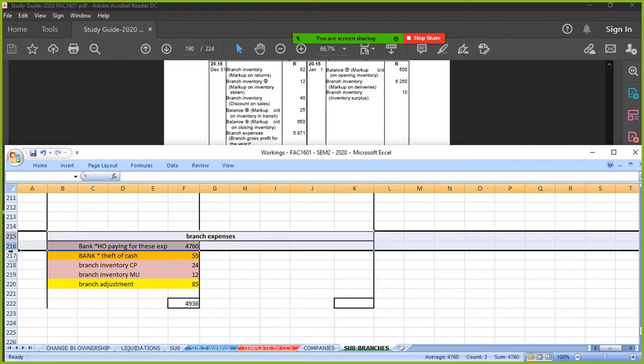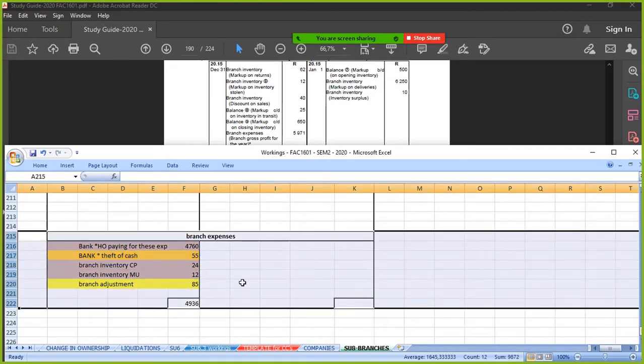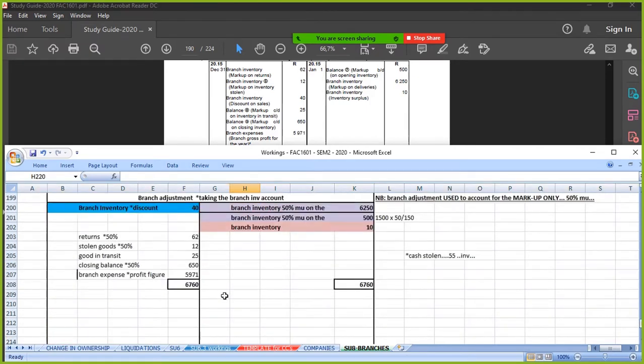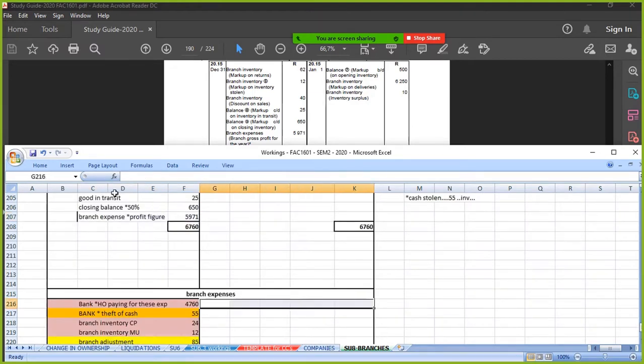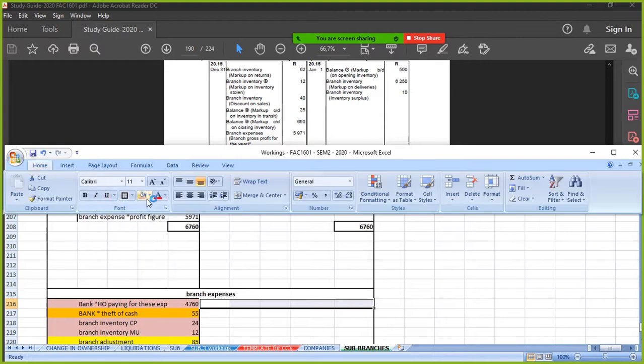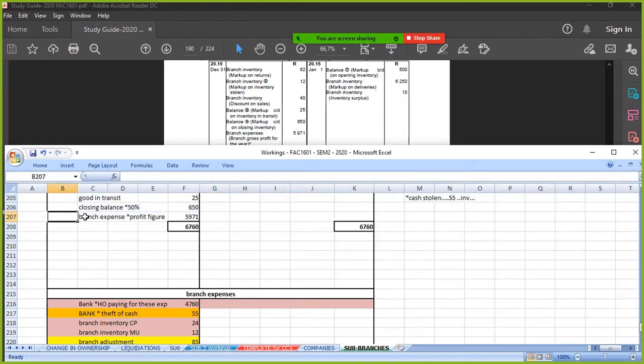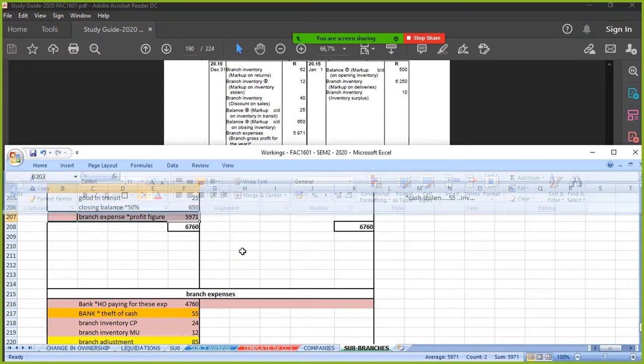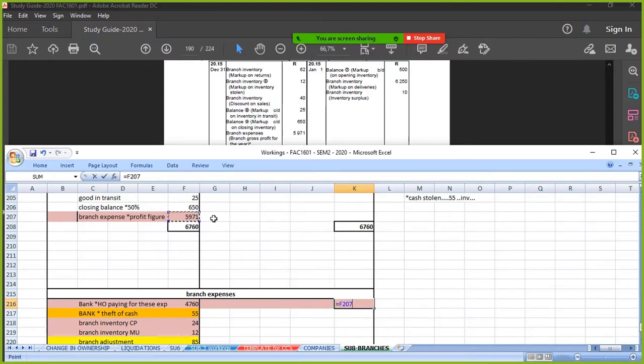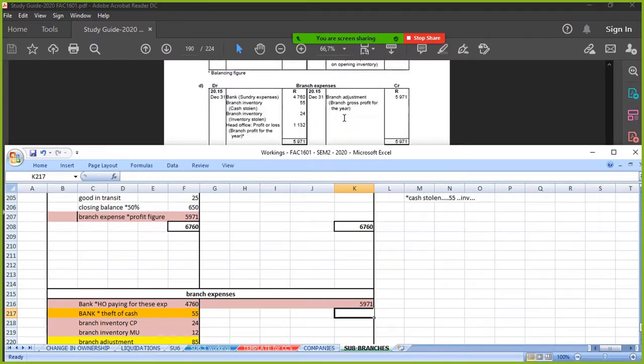And then this figure I'm going to delete actually. Actually, I'm not going to, because it was fine. I just need to show this branch expense figure. So that amount total, there's the figure there. And then some of this won't be there. The 55 cash will stay.